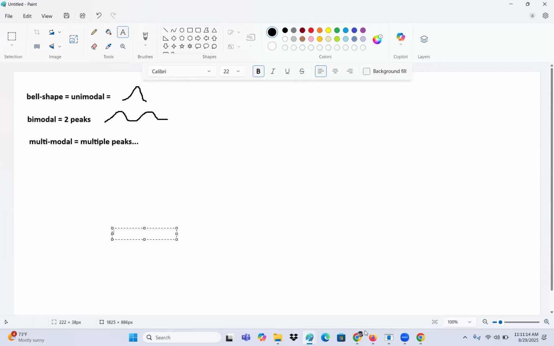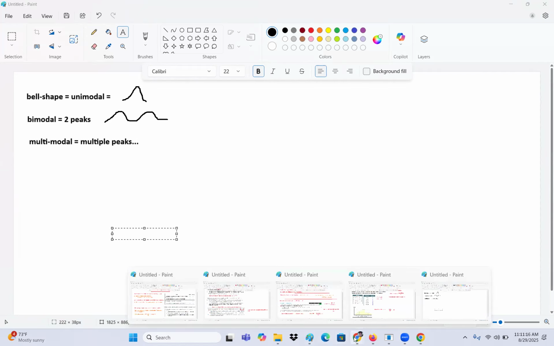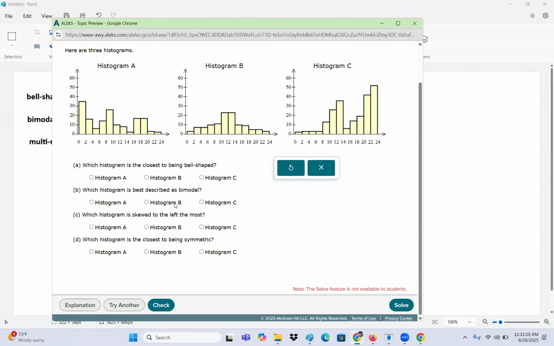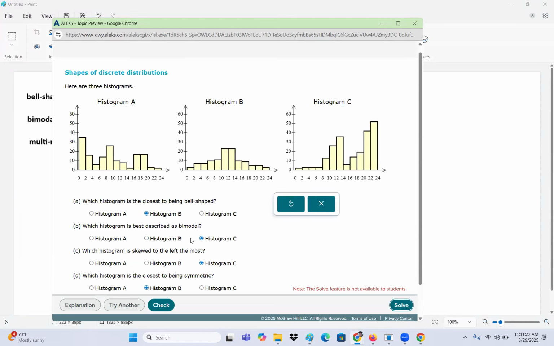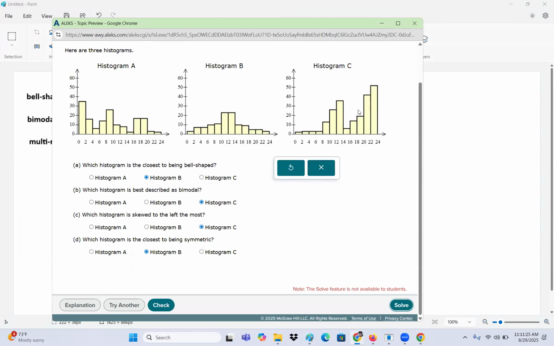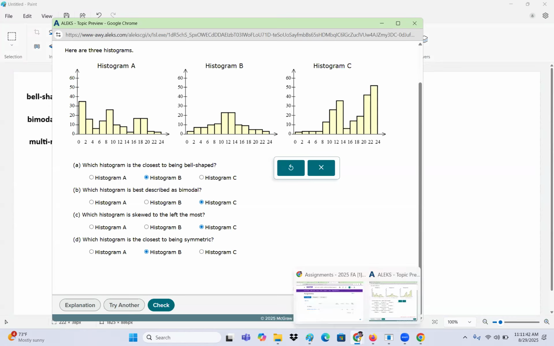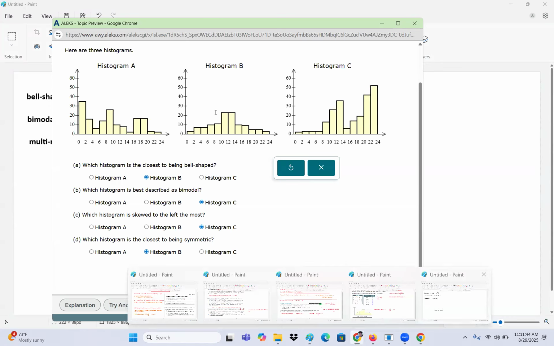Then you can just read the notes and see what it is. We saw that the first is bell-shaped, the second one is bimodal, which is on histogram C. Skewed to the left is histogram C as well, where more data is focused on the right. Symmetric is also the bell-shaped curve. Okay, so this is a symmetric model.